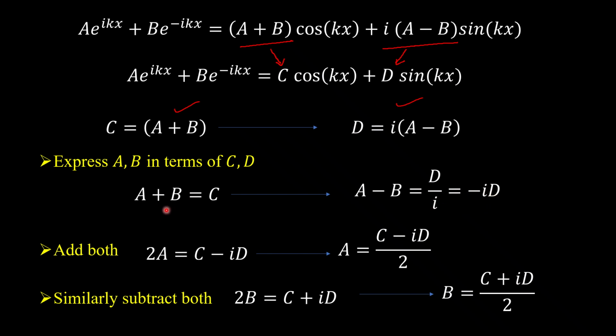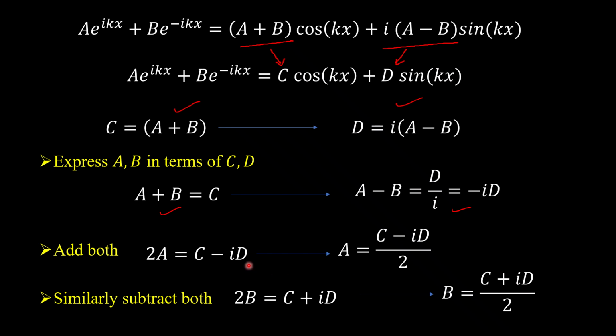Now you add these two. Here it is minus b, so b will go away, and you get a plus a, 2a, equal to c minus id, because you are adding both. Now you bring 2 to the other side, a is equal to (c minus id) over 2.